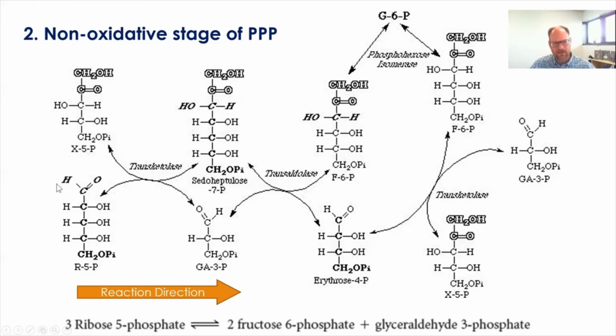But just bear in mind that these reactions are progressing this direction, and later when we work on our problems involving carbon tracing through this pathway, come back and notice how these guys are bolded. You can see how they become these carbons here, and these guys are in the darker line, and they end up here. Notice that?